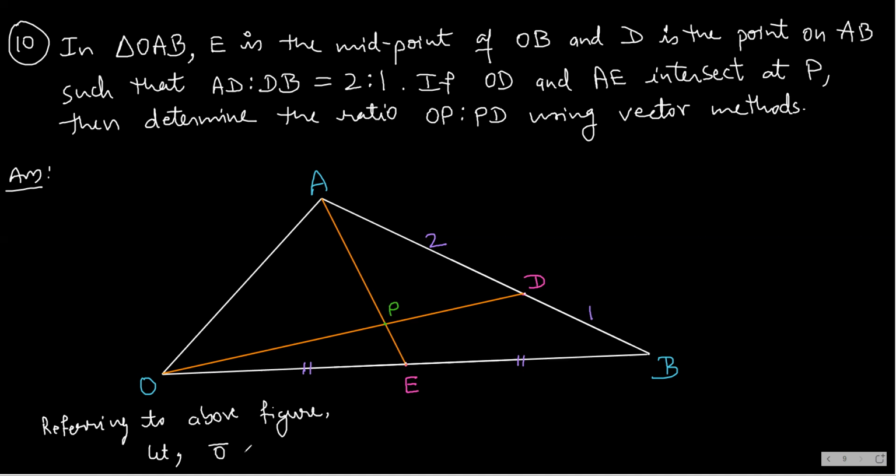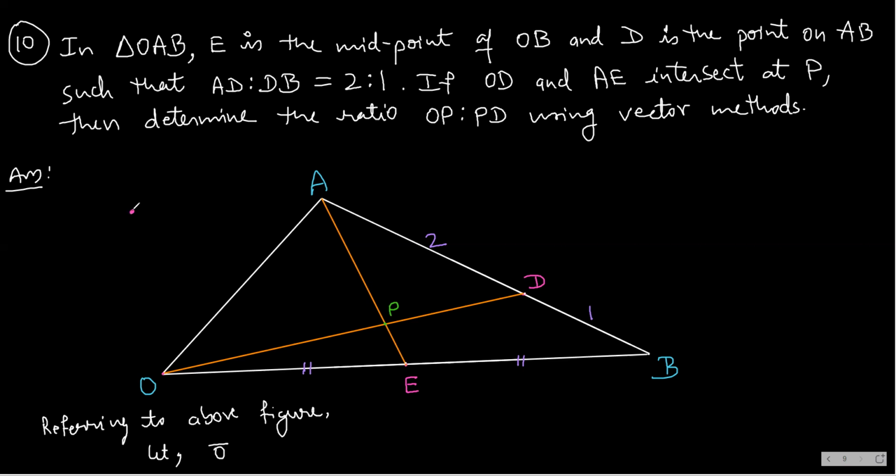Normally, when we take position vectors, we take the position vector of points with respect to O. But here point O is an integral part of the question, one of the points in the question. This time, we will take the position vector with respect to some other fixed point.